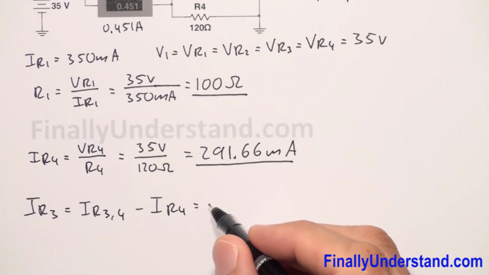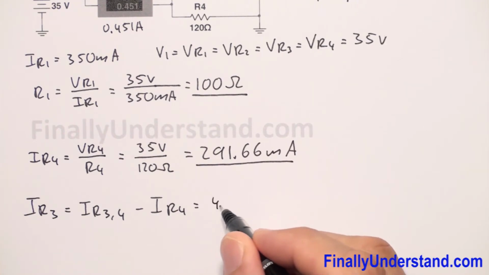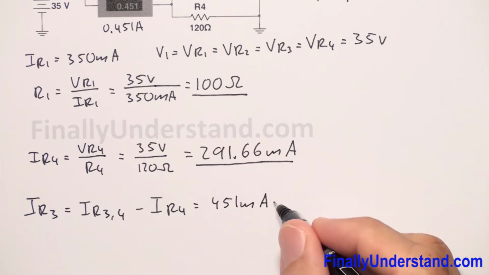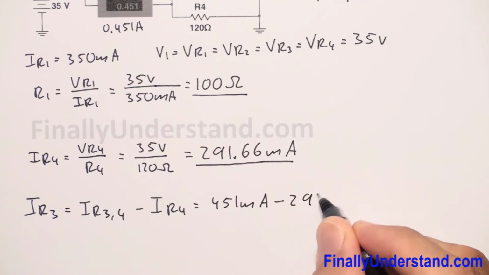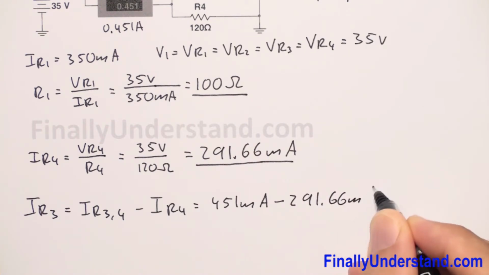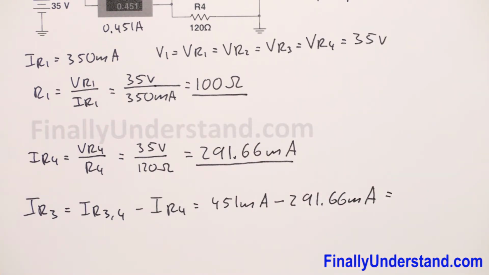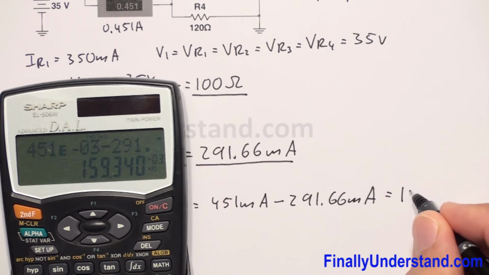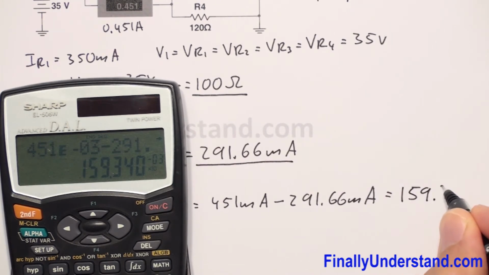So I have 451 milliamps minus 291.66 milliamps. This is 451 exponent negative 3 minus 291.66 exponent negative 3 equals 159.34 milliamps.